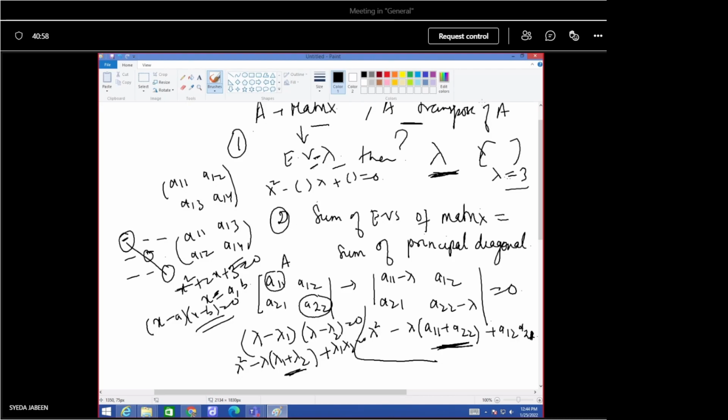Ma'am, in the previous question, we can compare from the previous question. We were finding the eigenvalues and the sum of the diagonal was coming 1, but the sum of eigenvalues is coming 5. So that's not the example. Okay, let me just check the previous one. The sum is coming -1 in both cases.